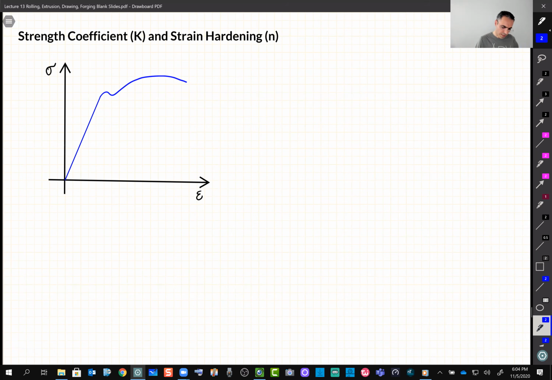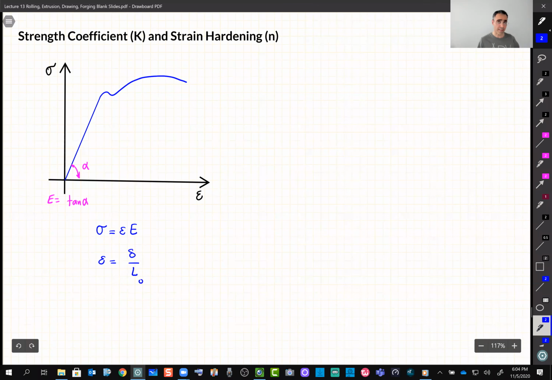And as we said, we have this slope here, let's say this is alpha, then the tangent of alpha, we call the modulus of elasticity, and everybody was happy because we have this formula, sigma equals epsilon multiplied by E, and epsilon, as I said, is the deformation over the initial length.